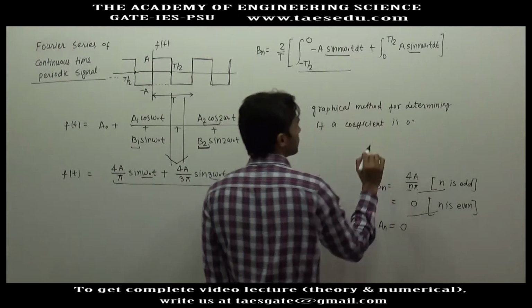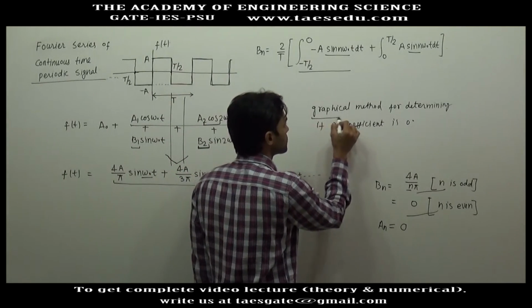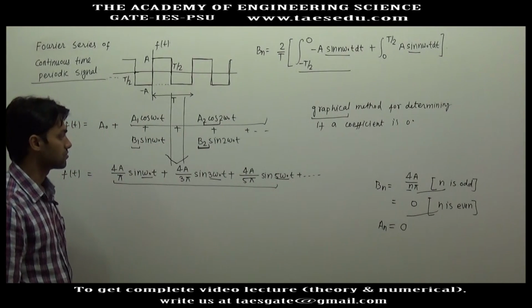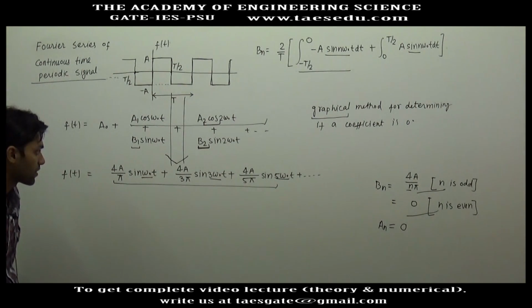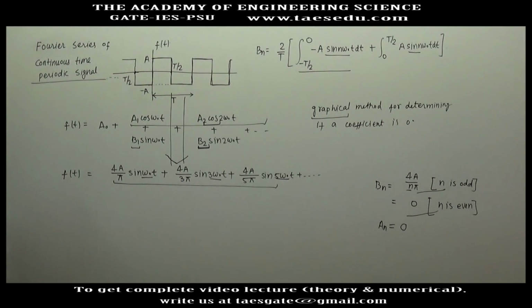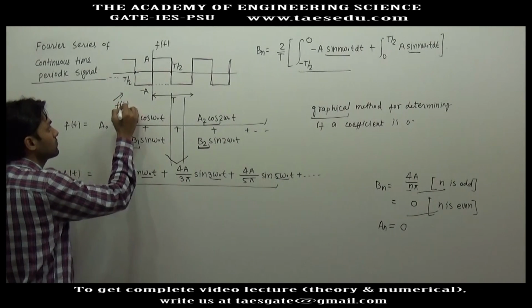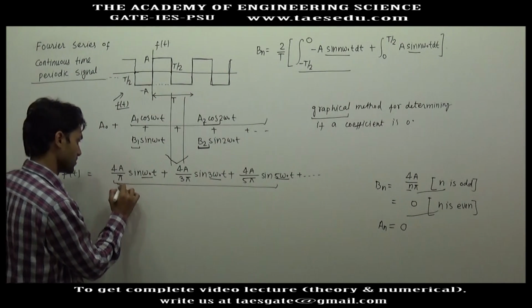I said that I will cover it in this lecture, but I'm sparing it for the next lecture. And in the further lecture we will also see when a graph will have only even harmonics or only odd harmonics, or when a signal will have only sine terms or cos terms, by just looking at the original signal ft. So we will study that, and this is one form of Fourier series representation.